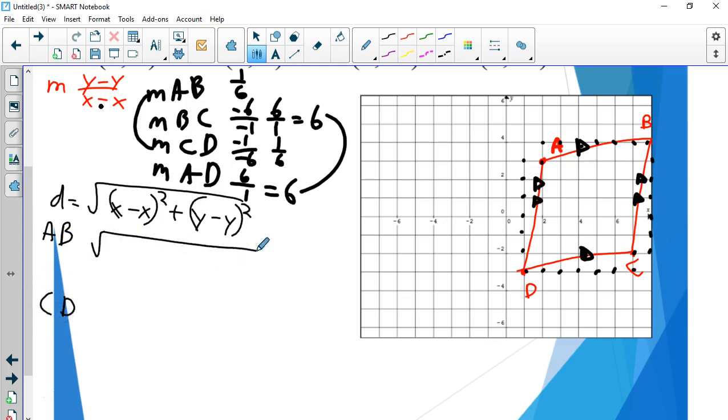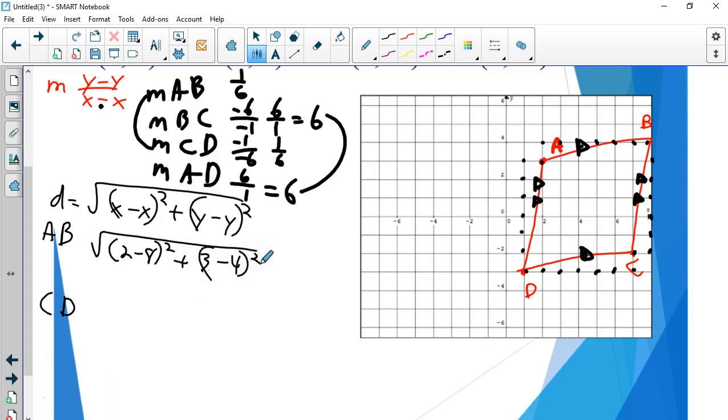I look at my points for AB. Okay? So the points for AB, again, are 2, 3, and 8, 4. So I would do, for AB, 2 minus 8. If you want to do 8 minus 2, that's fine. It'll all work out. Plus 3 minus 4. Again, if you did 4 minus 3, these would both be negative.